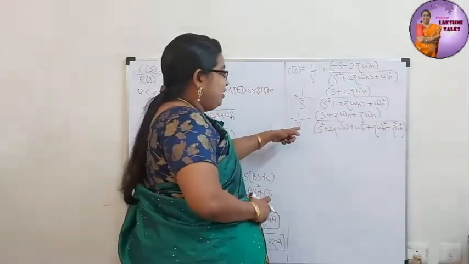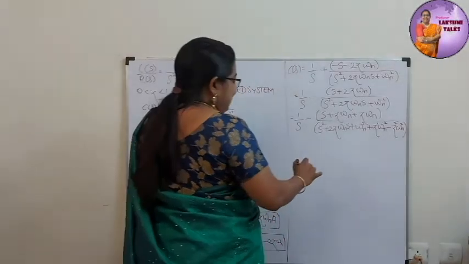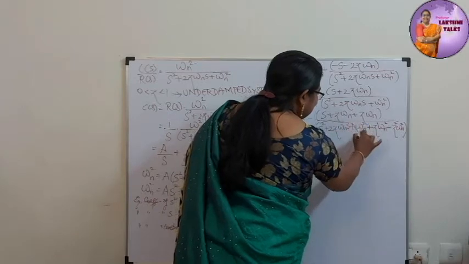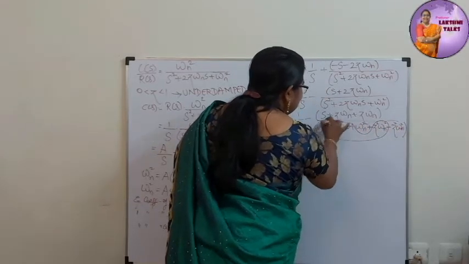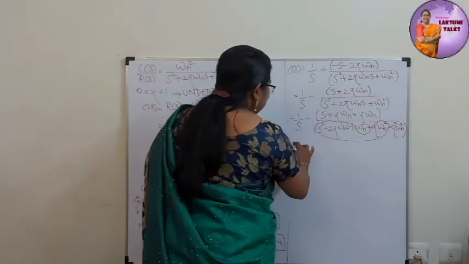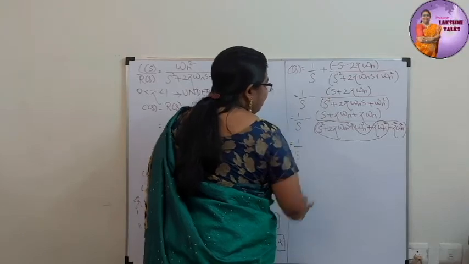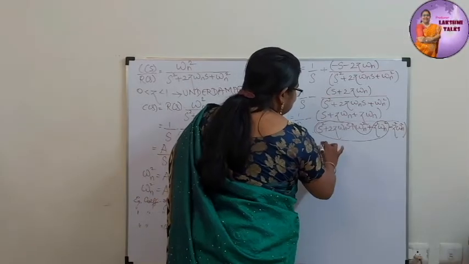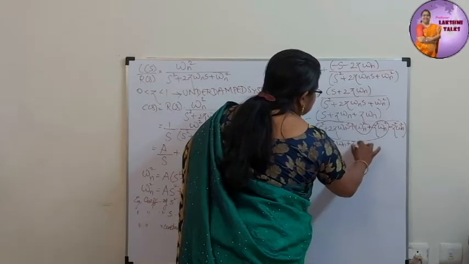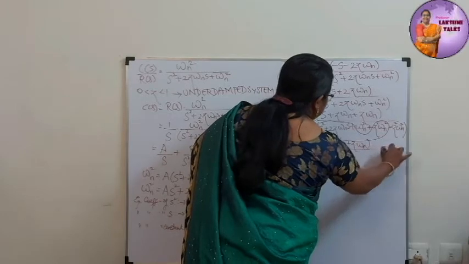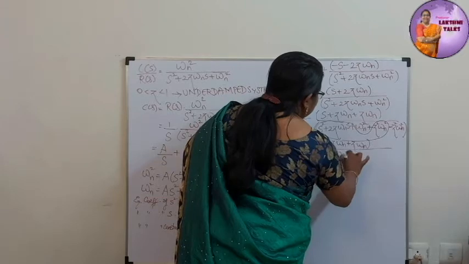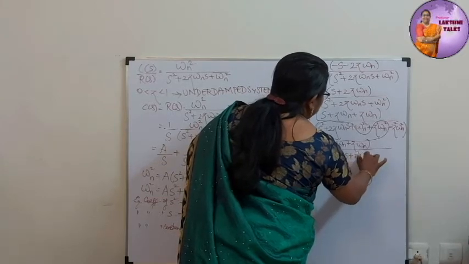Now what will be the next step? For the denominator, you just take these three terms and rewrite. What happens? 1 by S minus S plus zeta omega n plus zeta omega n divided by S square plus 2 zeta omega n s plus zeta square omega n square.